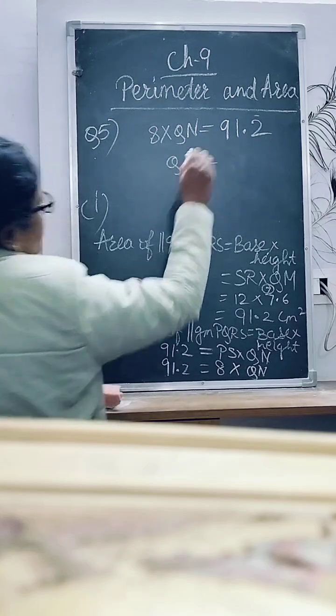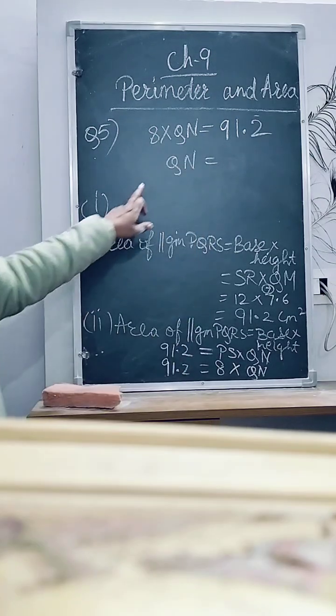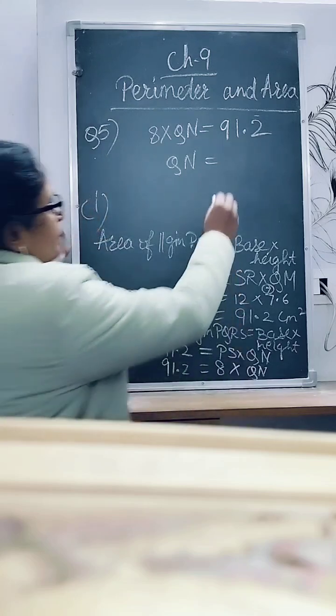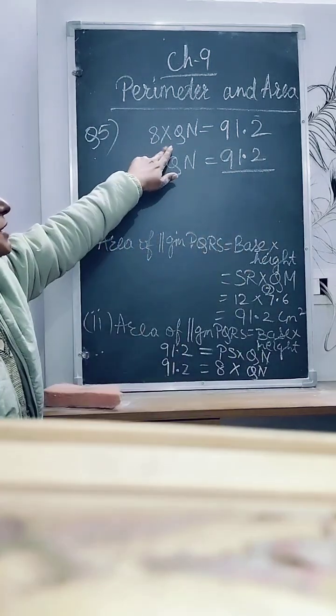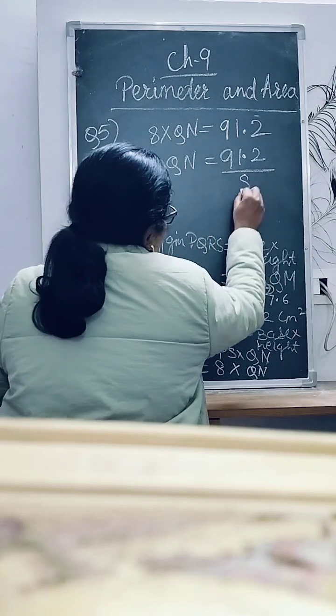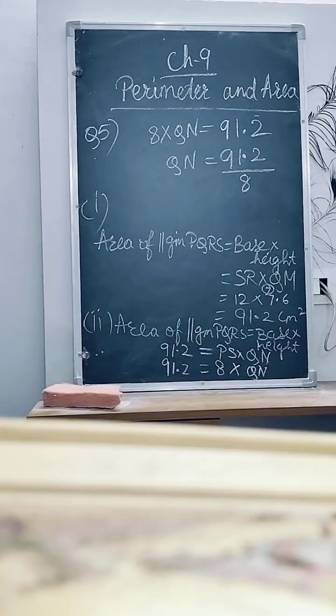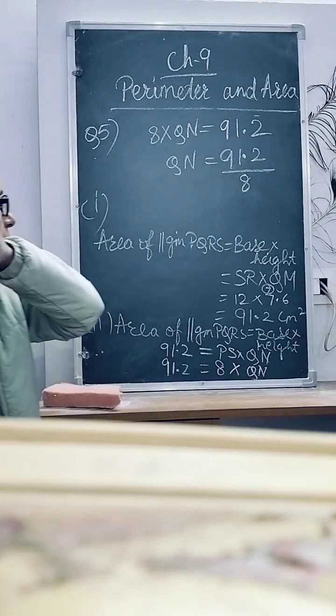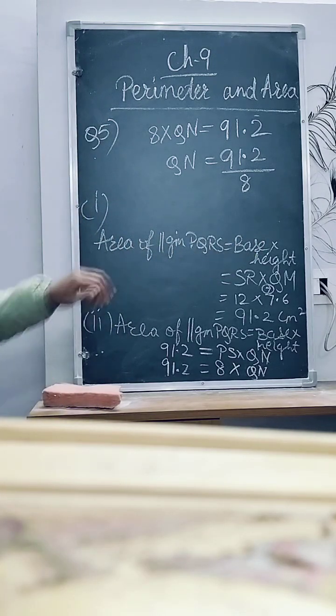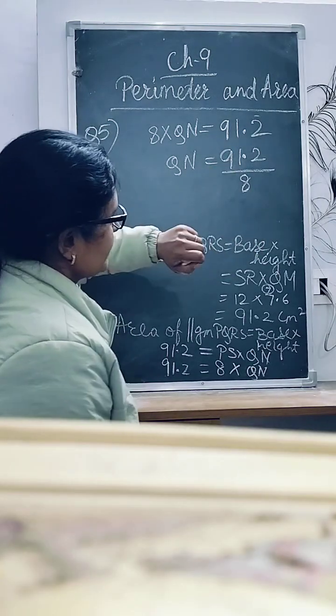We want to find now side Q1. It would be kept alone. 91.2 multiplication will change into division when it changes the place. When it is going to the other side, it converts into division. So 8 is dividing this now.